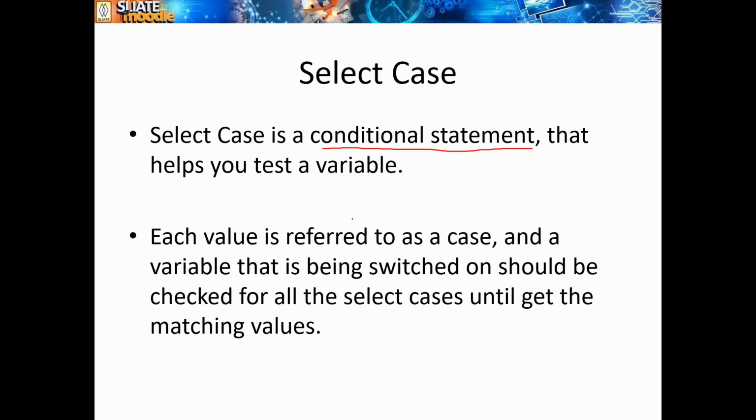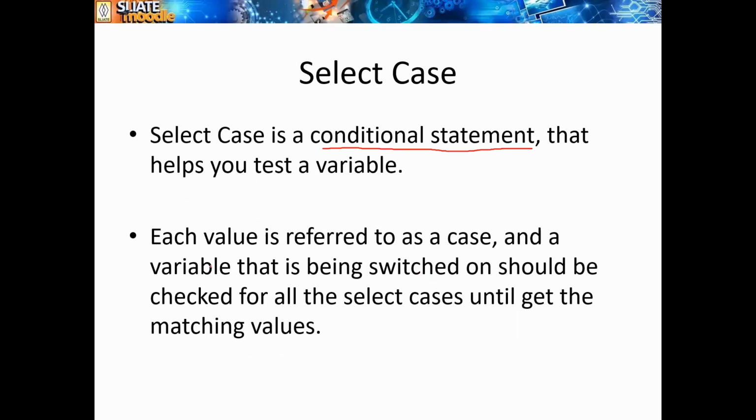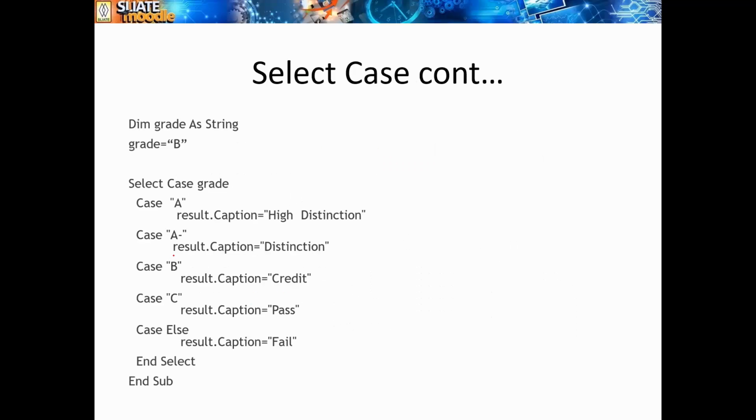So the structure we have is a bit different, right? So here, see this, each value is referred to as a case, and a variable that is being switched on should be checked for all the select cases until it gets the matching value, right? So that means usually we are going to check a matching value.